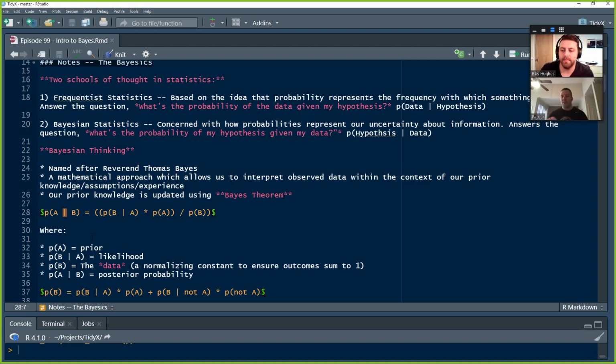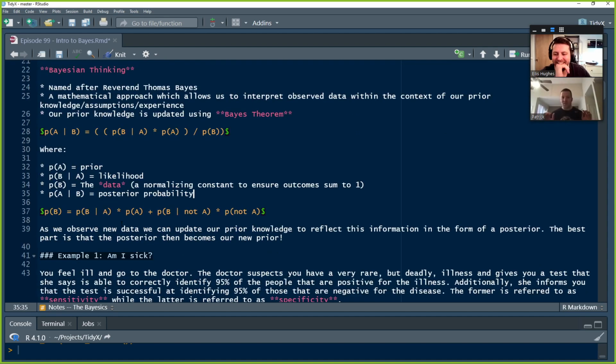So the probability of A given B, the probability of A conditional on the fact that we know something about B, is equal to the probability of B given A multiplied by the probability of A, divided by the probability of B. Okay, lots of letters. What does that mean?